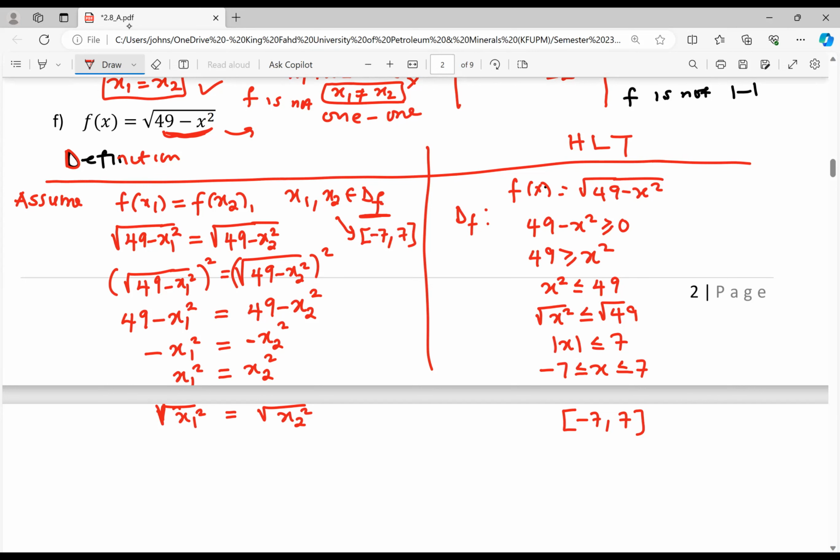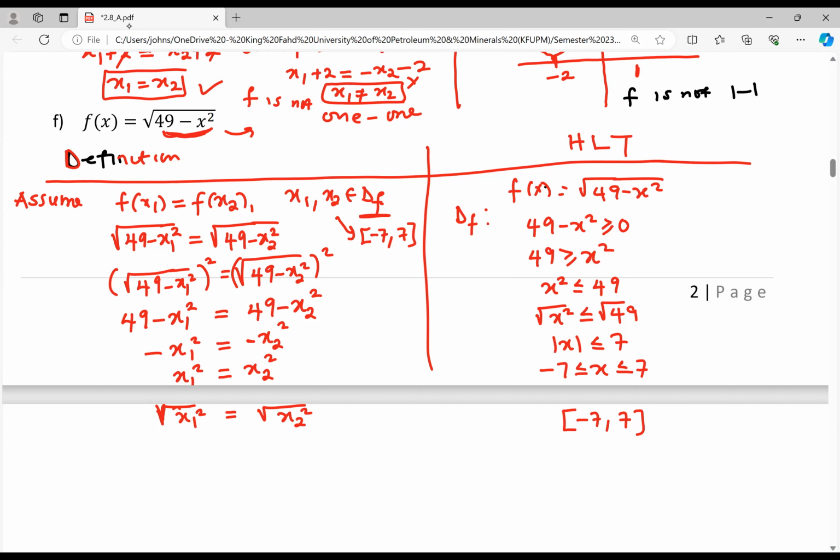So you can see that if you take x1 from minus 7, close to minus 7 in this interval, 49 minus that square will always be positive. Also, 49 minus x2 squared will always be positive, or it will be 0 at worst. So that is why you see that when we squared here, we don't need absolute value.